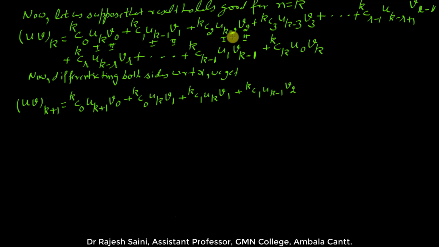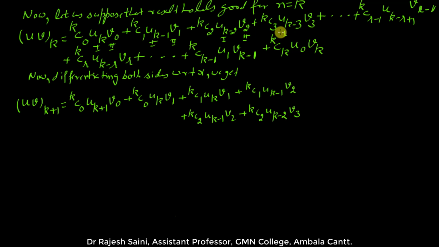Now apply product rule upon this one. What it will be? kc2 u_(k-1) v_2 plus kc2 u_(k-2) v_3.